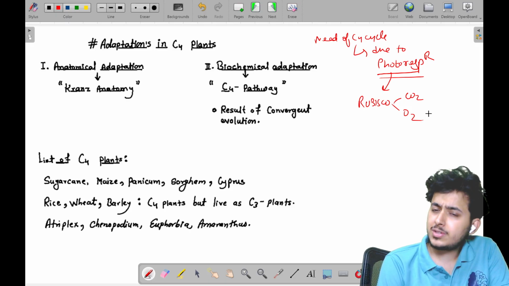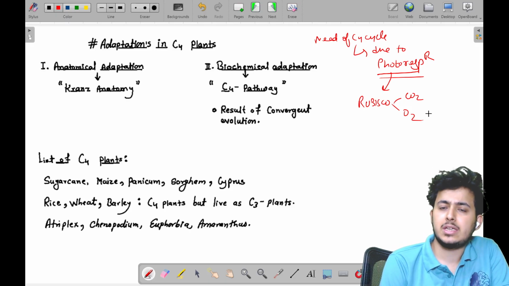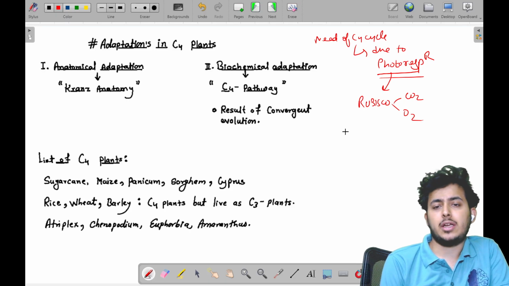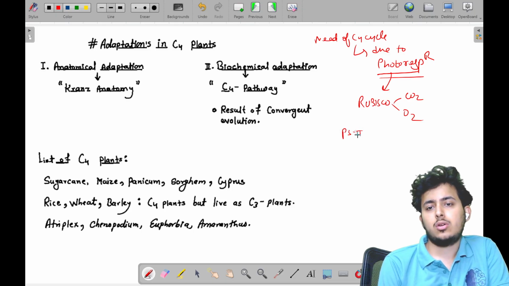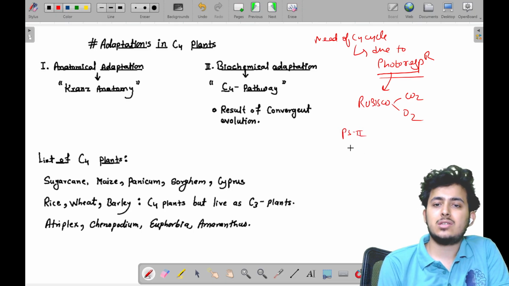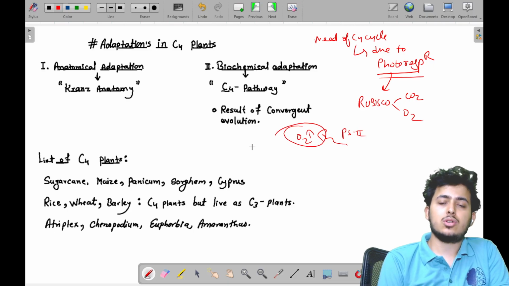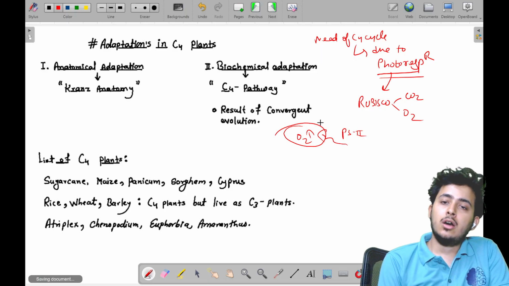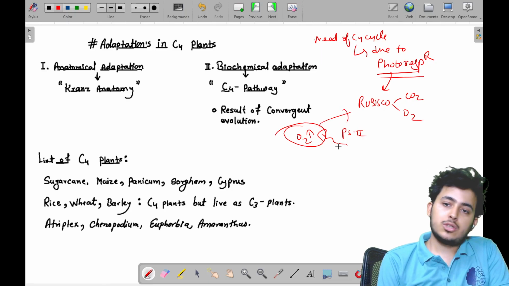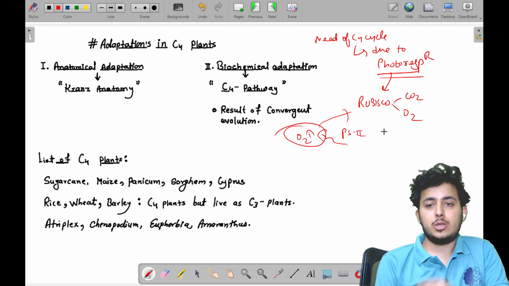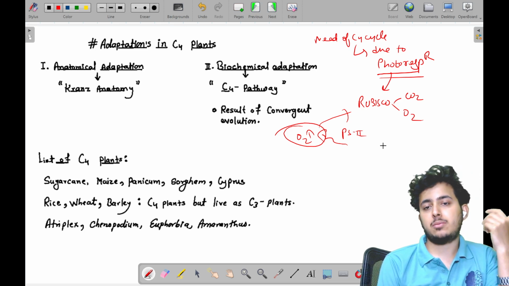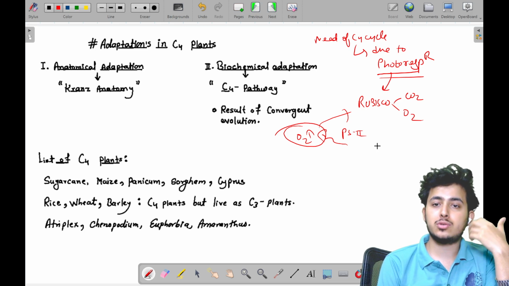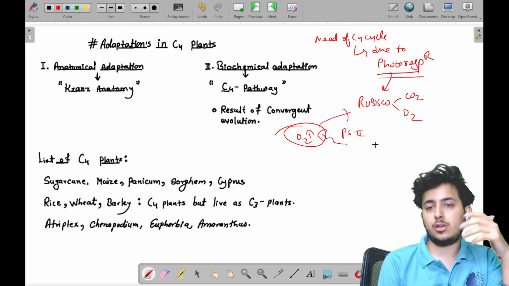Since it has both activities, and in plants there is a release of oxygen from PS2, this oxygen can react with Rubisco and lead to the formation of 2-PGA. That is a product, and it reduces the efficiency of carbon dioxide fixation.